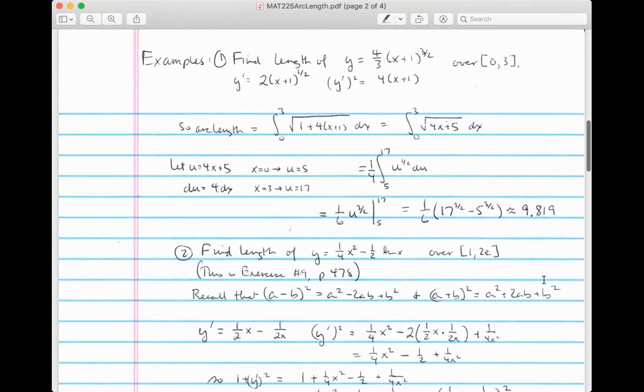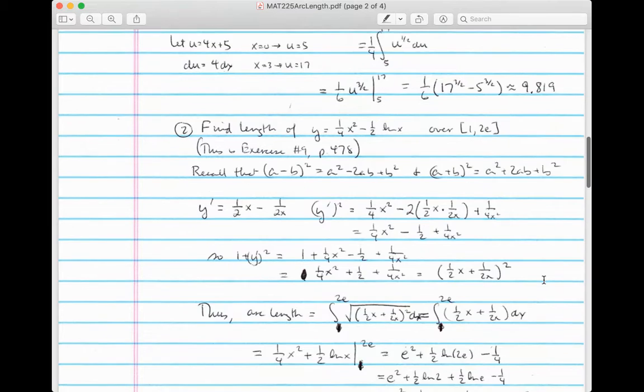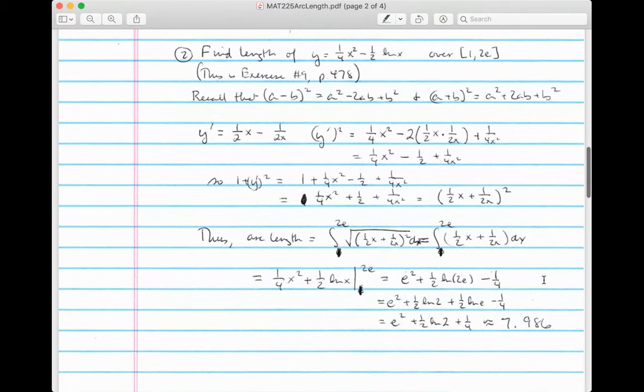Our second example uses some slick algebra. It's a little bit of an artificial type of problem, but it turns out that things work nicely with just a little bit of algebraic insight. So our function is y equals 1/4 x squared minus 1/2 times the natural log of x.